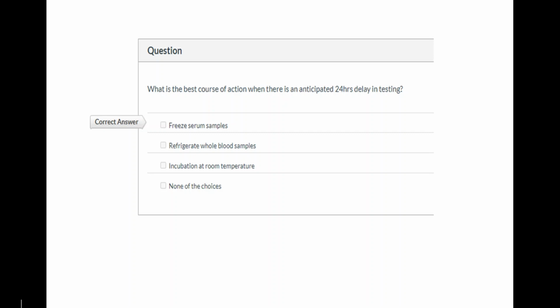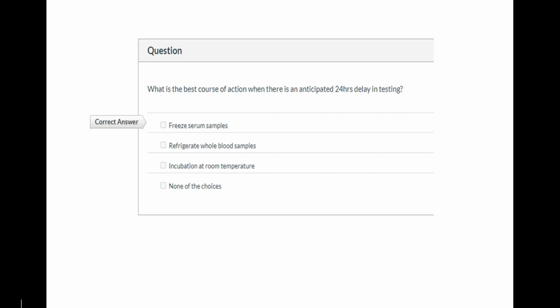What is the best course of action when there is an anticipated 24 hours delay in testing? Of course, when there will be delay in testing, it is necessary to store samples. Storage may be done in refrigeration at 2 to 8 degrees Celsius or freezing at negative 20 degrees Celsius. Now, for the choices that you were given: to freeze serum samples, refrigerate whole blood samples, incubation at room temperature.